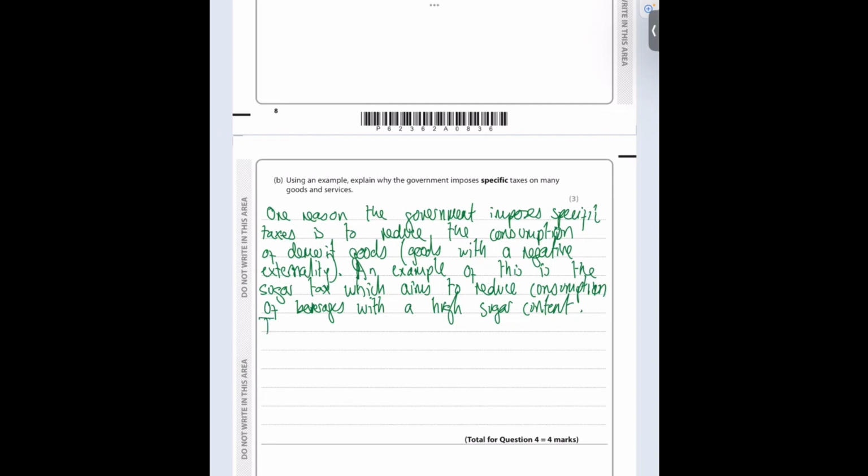Okay, this internalizes the negative externality. So that's the cost to a third party, like, I don't know, healthcare on the person who develops type 2 diabetes from consuming too many sugary drinks.